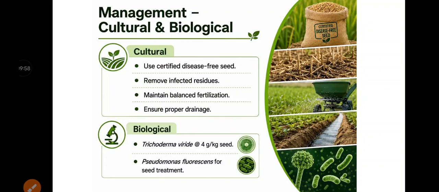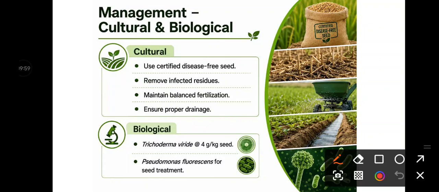For cultural practices, as you all know, the primary source of infection is the infected seeds. So we should use certified disease-free seed. Then remove the residue, use balanced fertilization, then proper drainage.